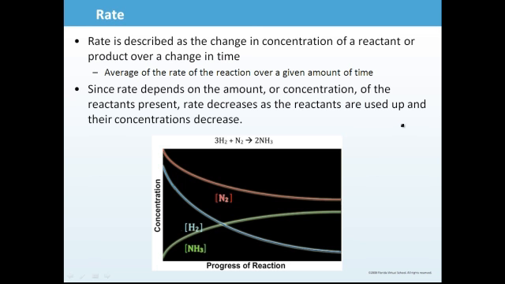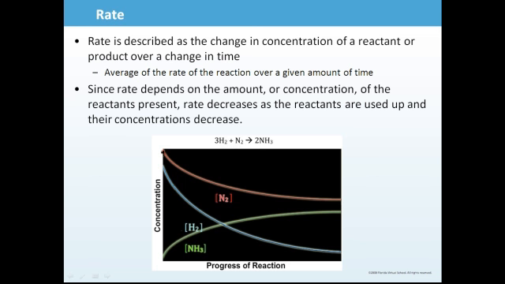We also need to remember that rate depends on the amount or concentration of the reactants present, which means that from the moment the reaction starts, we're going to have a decrease in the concentration of the reactants. Therefore, the rate is also going to decrease as the concentrations decrease. If you look at the diagram on the bottom, we have hydrogen gas reacting with nitrogen gas to produce ammonia.